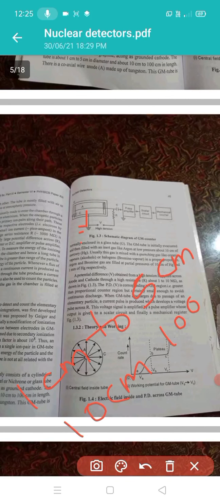There is a coaxial wire anode made of tungsten. This one is the anode which is made of tungsten and this one is the cathode.